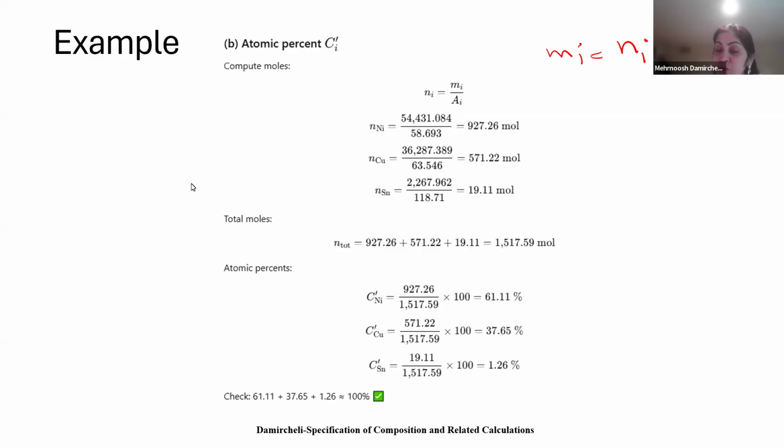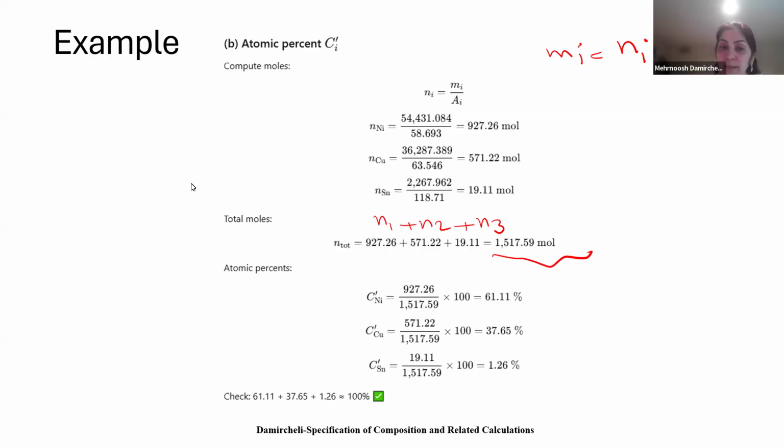We have the mass of each component that we calculated, and we know the atomic weight from the table that you saw two slides before. So we find the moles of each component. The total moles is N1 plus N2 plus N3. Substitute here, and it is the total mole.